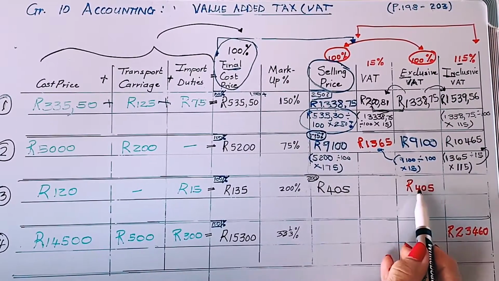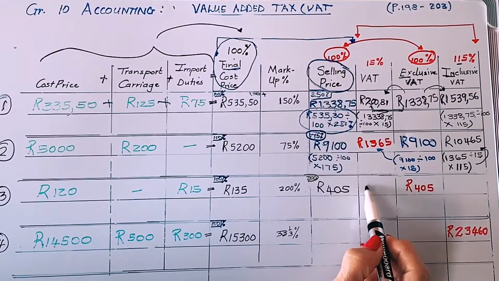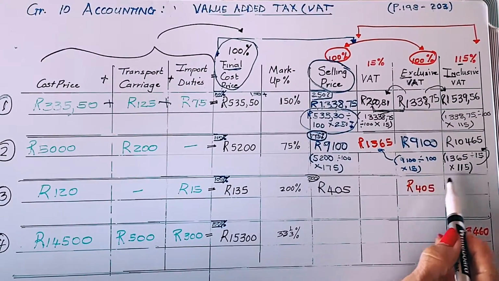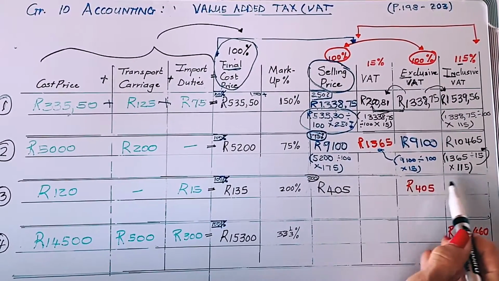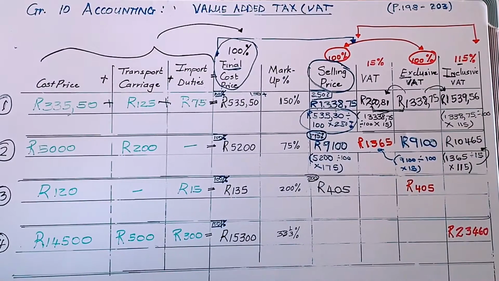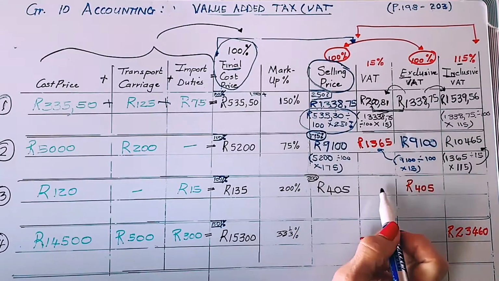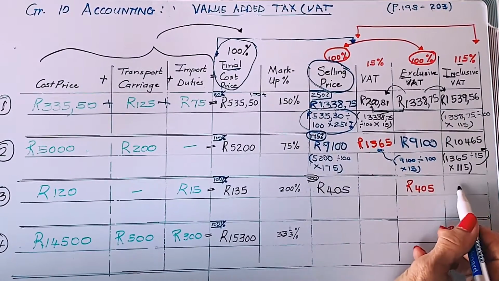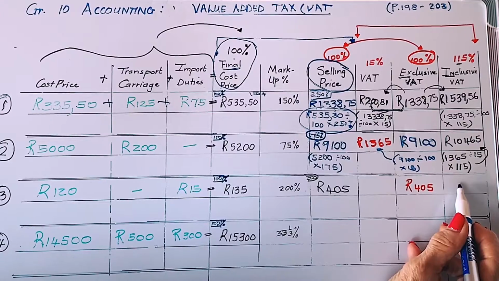So those two amounts are the same, but now I need to calculate the exclusive, the VAT amount, and the inclusive amount. In this case, for the VAT amount, let's say we start first with the inclusive amount.